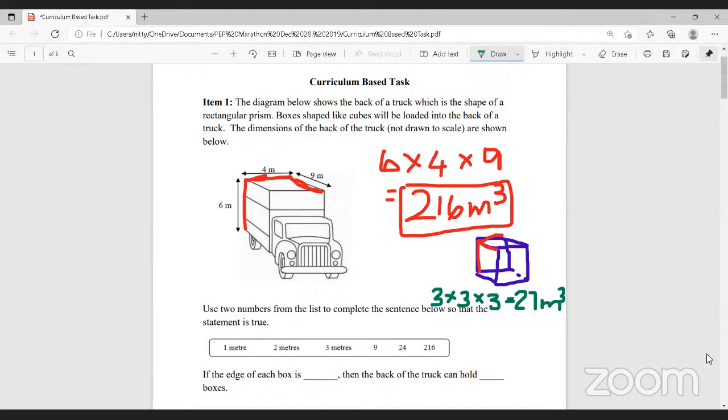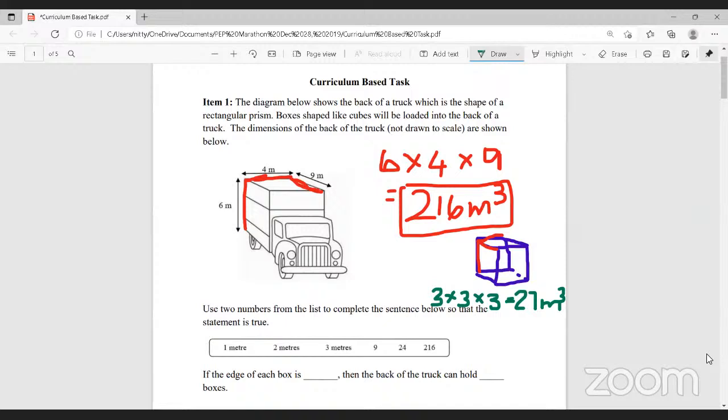All right, so Lalaine says 216 divided by 27 equals 8. Why did you divide 216 by 27, Lalaine? Why did you divide them?